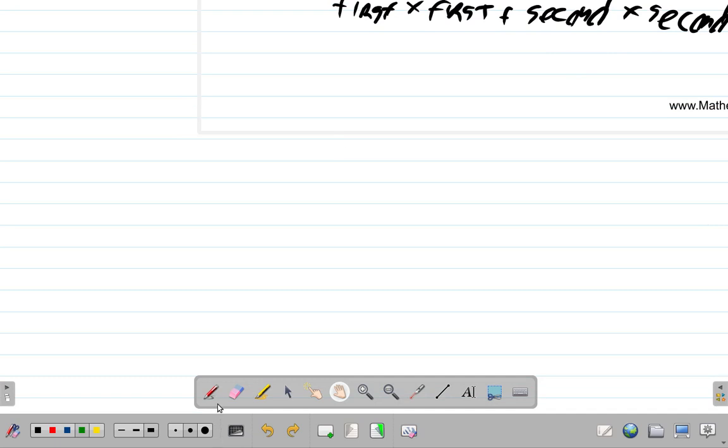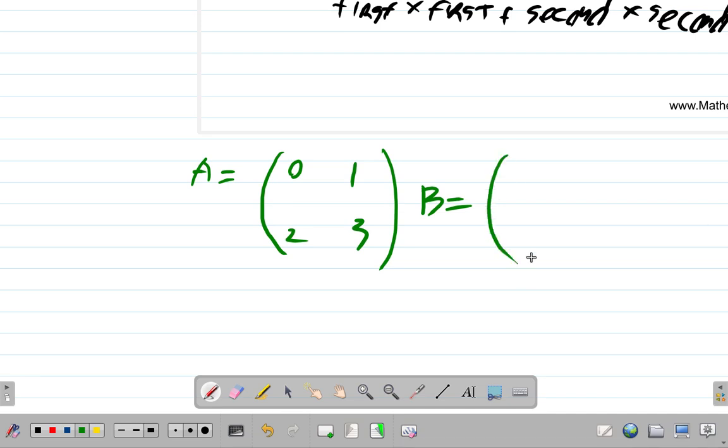Suppose we have two matrices. We have matrix A equals 0, 1, 2, 3. We have matrix B equals 4, 5, 6, 7.